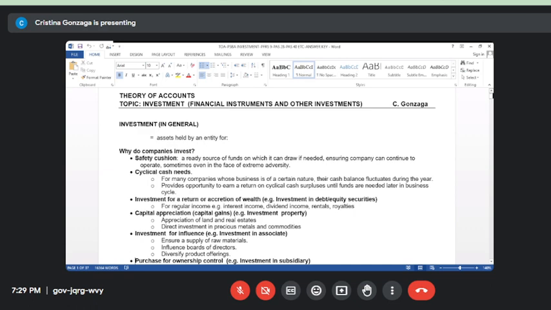Okay, kaya importante yung merong investment, because it is a safety caution. Cyclical cash needs, for many companies whose business is of a certain nature, their cash balance fluctuates during the year. It also provides opportunity to earn a return on cyclical cash surpluses until funds are needed later in the business cycle.